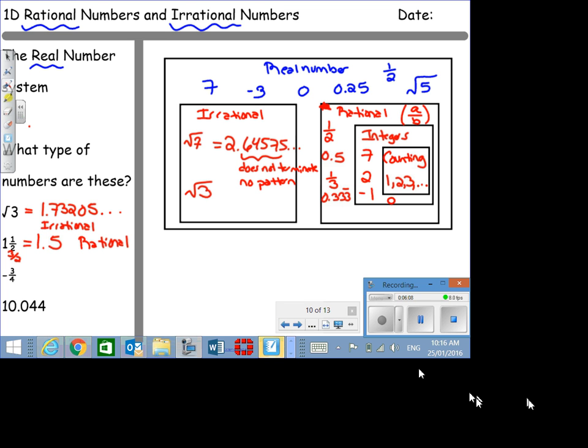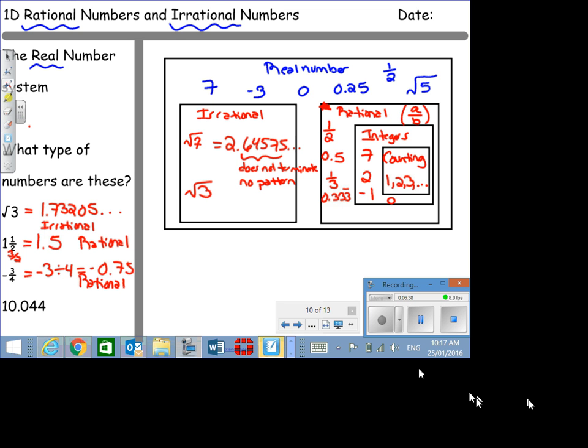Counting numbers cannot be negative. But since it's a fraction, it's not a whole number, so it's going to wind up being a rational number. If you did -3 divided by 4 in your calculator, you wind up with -0.75, right? So I'm still looking at a rational number.